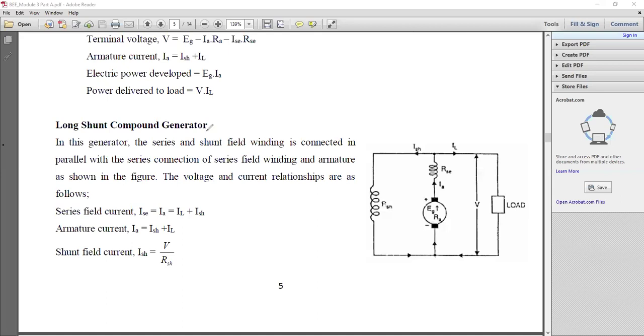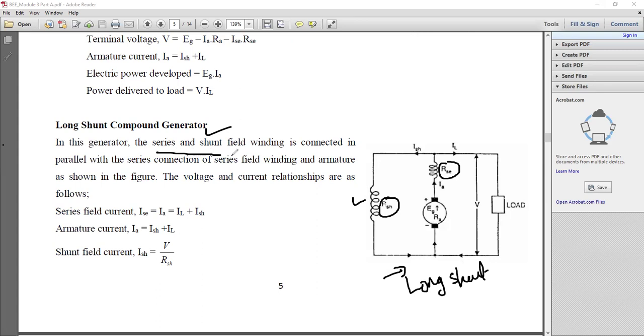Now I would like to go for the long shunt generator. The circuit diagram is shown here. So we have a shunt field and a series field with series field resistance RSC. This is your shunt field resistance RSH. See the connection. So this is your long shunt generator.